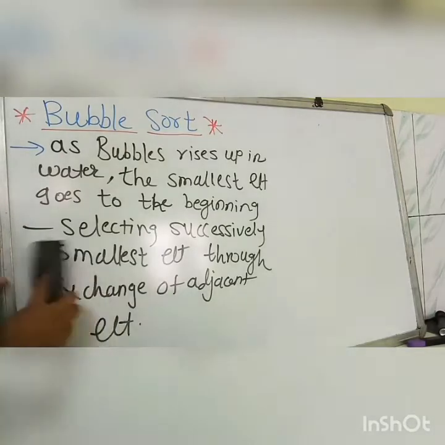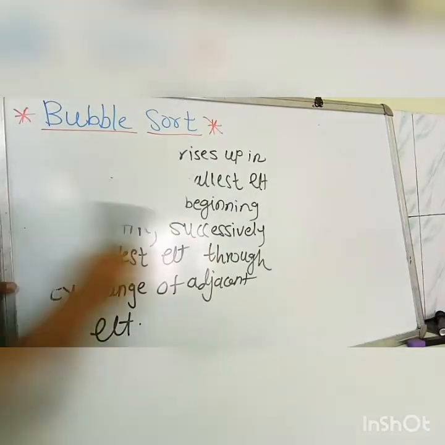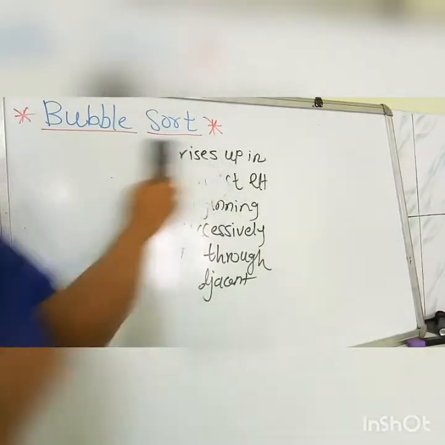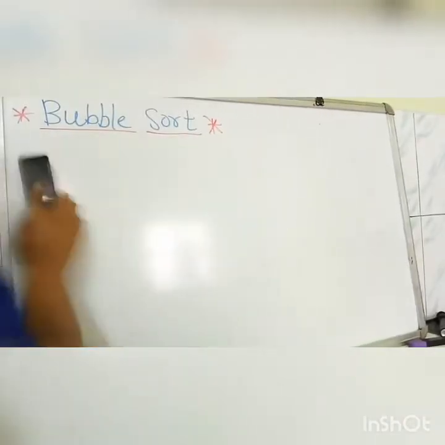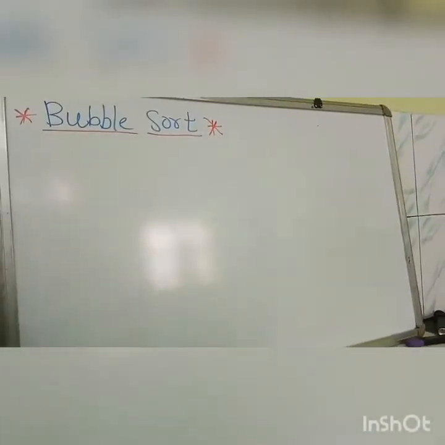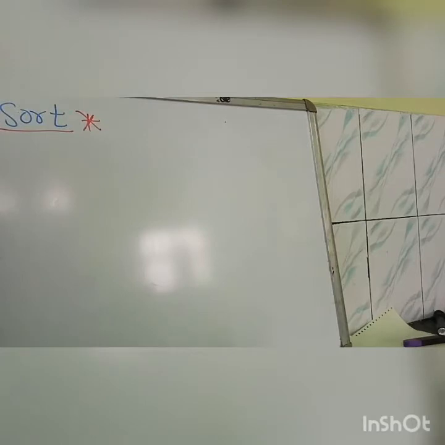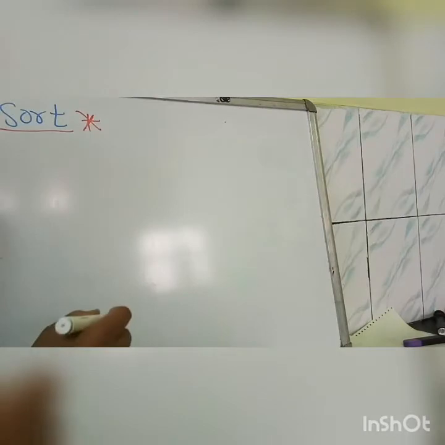Now, we will first see how to take an example and how this bubble sort method will help us sort. First of all, we will try to design one function known as a bubble sort function to sort this number of elements.